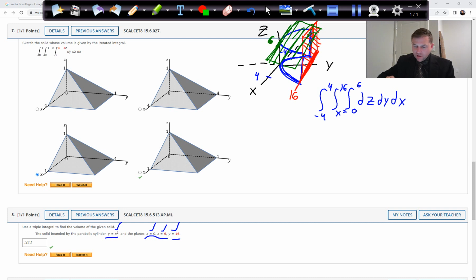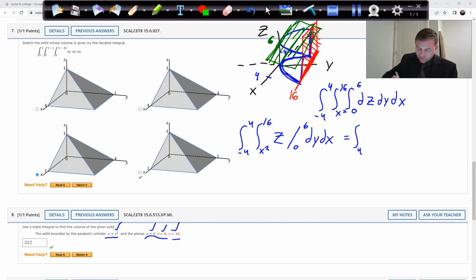But now that we have that, we can just do the antiderivative. So this is going to be the integral from minus 4 to 4, x squared to 16, the antiderivative of dz is z from 0 to 6, dy dx. This equals the integral from minus 4 to 4, x squared to 16.